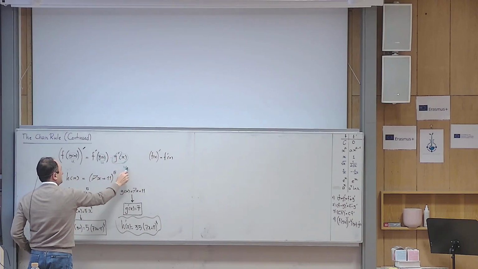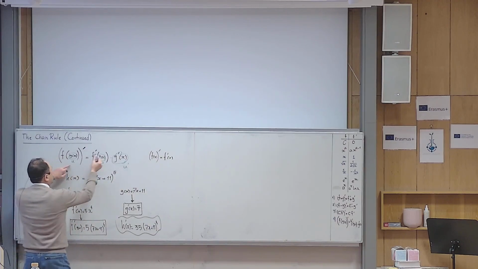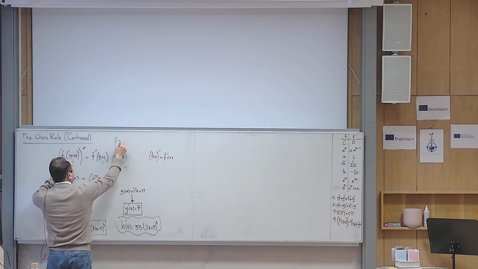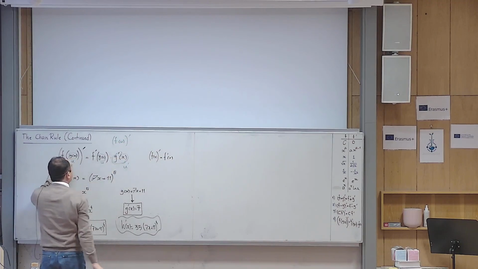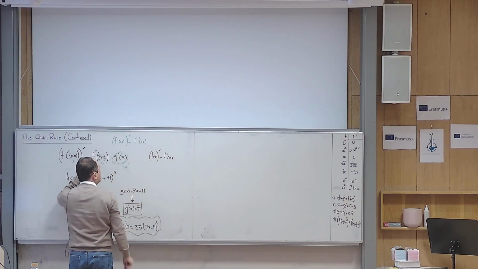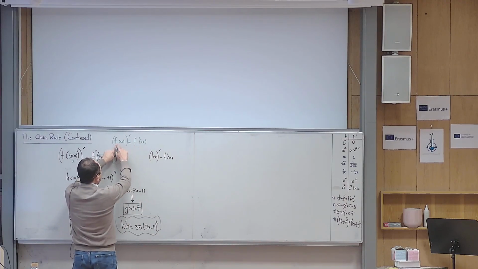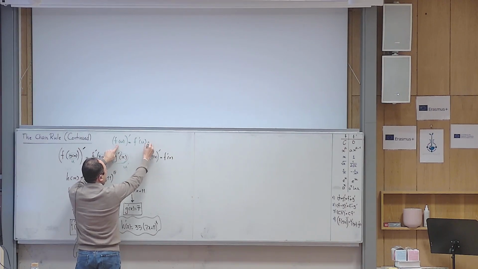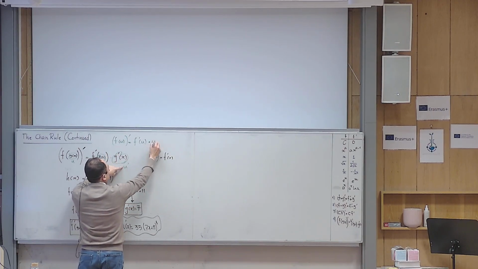It becomes u prime. So you see, f of u, totally prime, is equal to f prime of u. You see the difference between (f of u) prime and f prime of u, they are not the same. They differ by a factor of u prime.